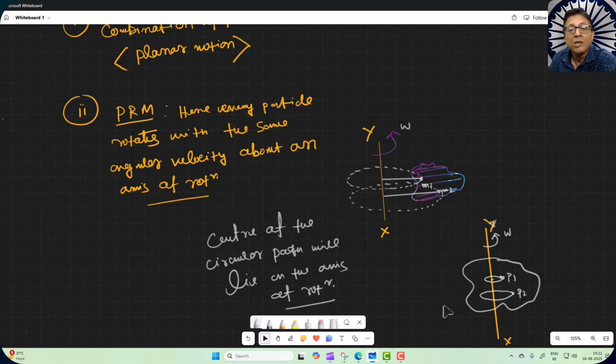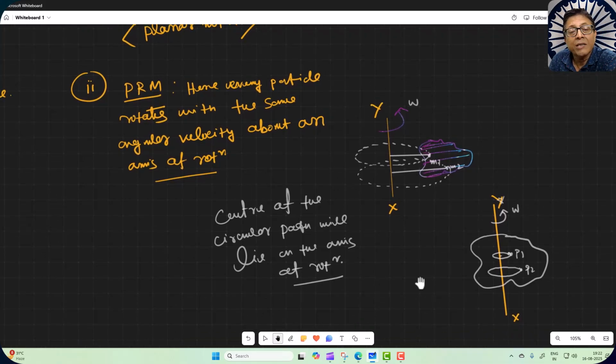Okay? And this is pure rotational motion. Clear? Every particle rotates with the same angular velocity.